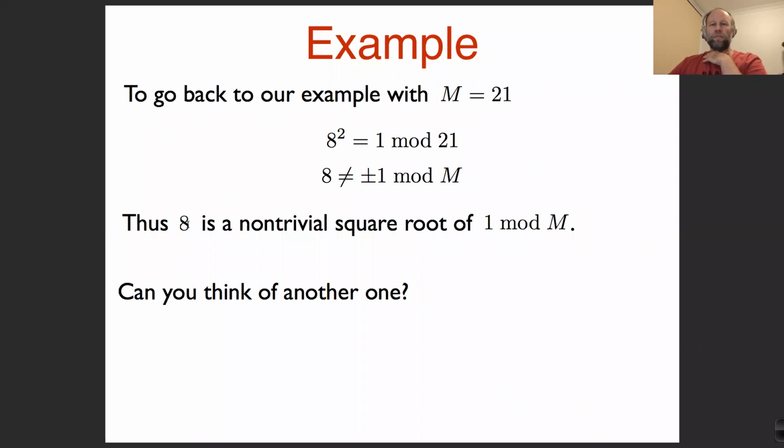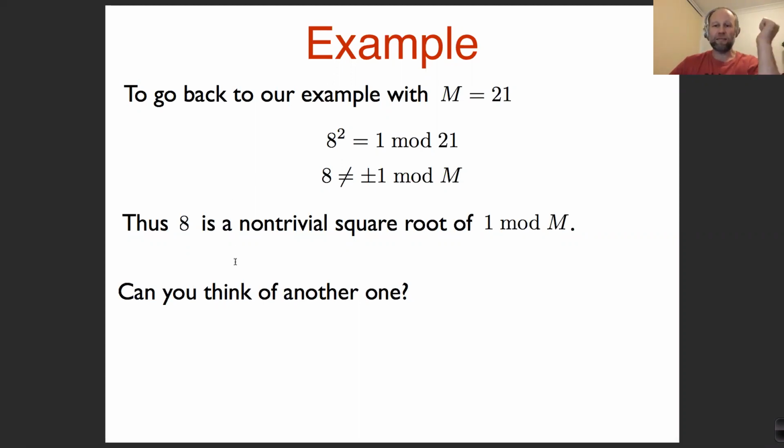Can you think of another one? I know you're watching at home now, but just take a minute to think about that. Okay, another one, since this is a property of the square, would be minus 8.